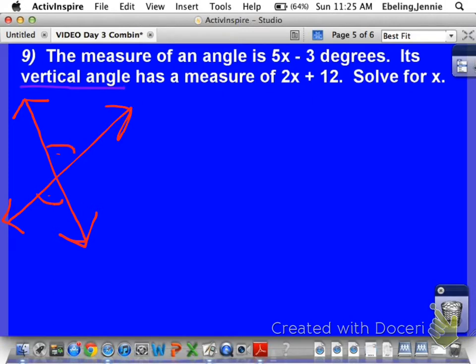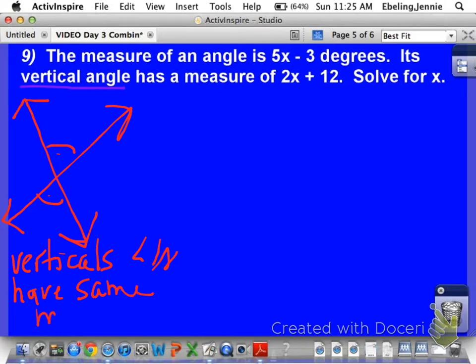These are vertical angles. And the thing that you need to know about vertical angles, this is my symbol for angles, is that vertical angles have the same measure. So it says the measure of an angle is 5x minus 3 degrees.